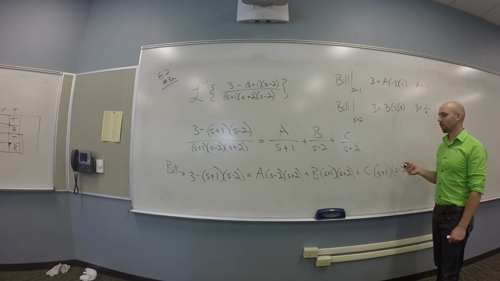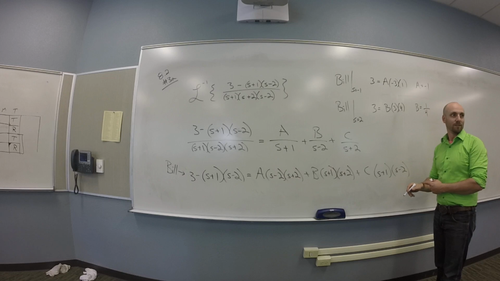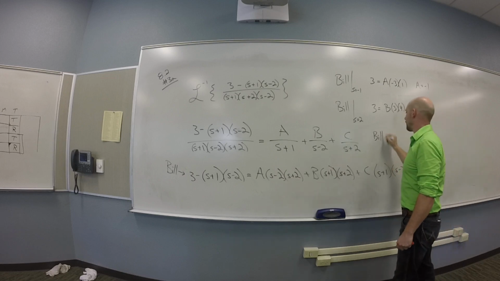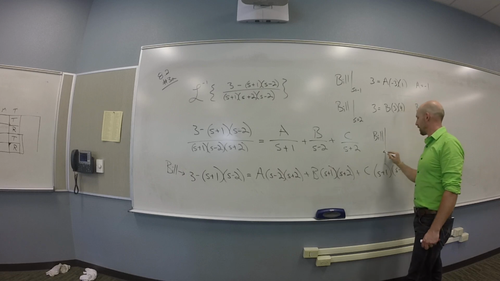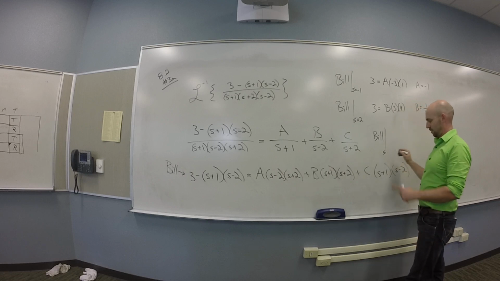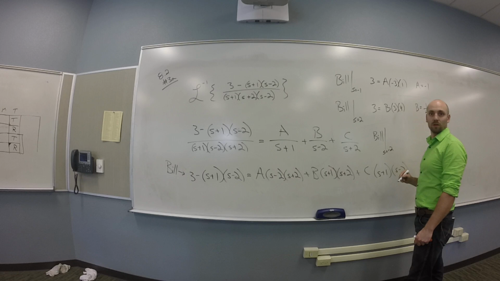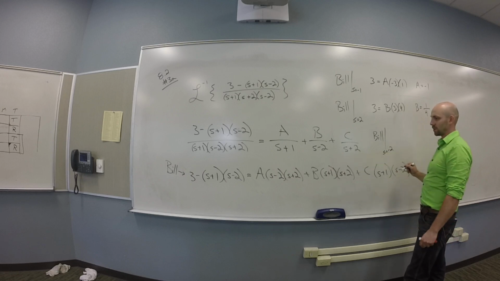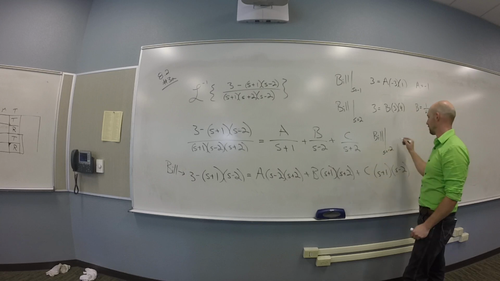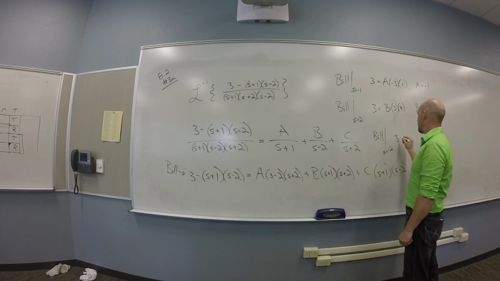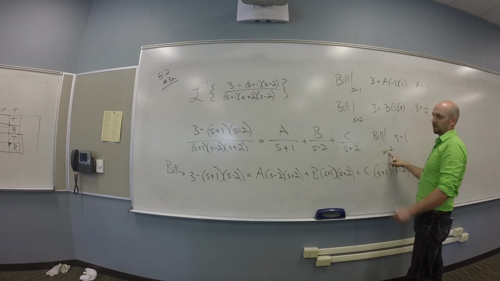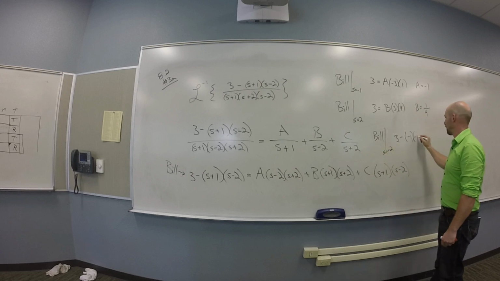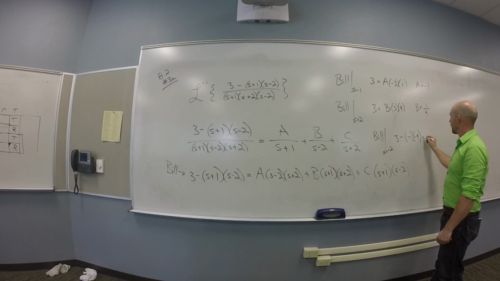And then C is the hard one, a little bit. So you take it and evaluate at, where haven't I evaluated yet? s is -2. Okay, so you get, oh crap, I don't get 0 on the left side. So I get 3 minus -1 times -4, which is 3 minus 4, which is -1.